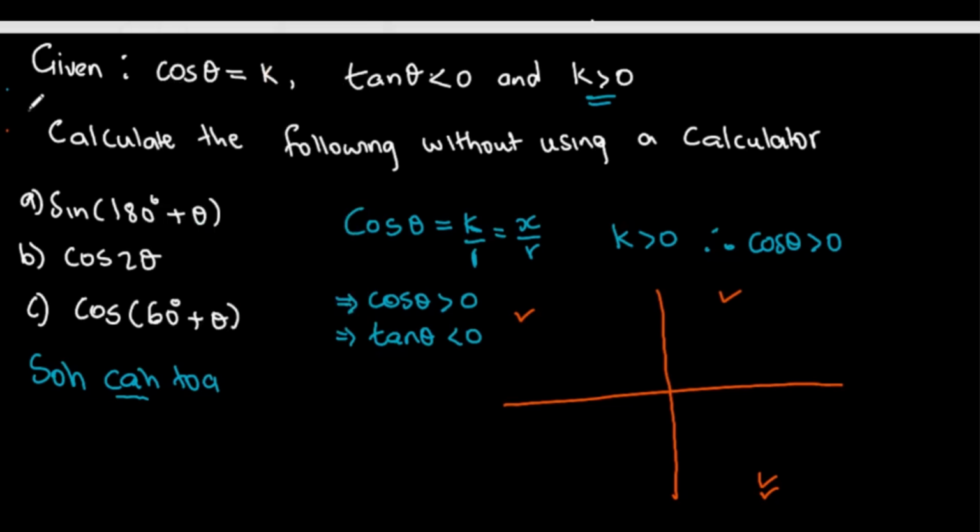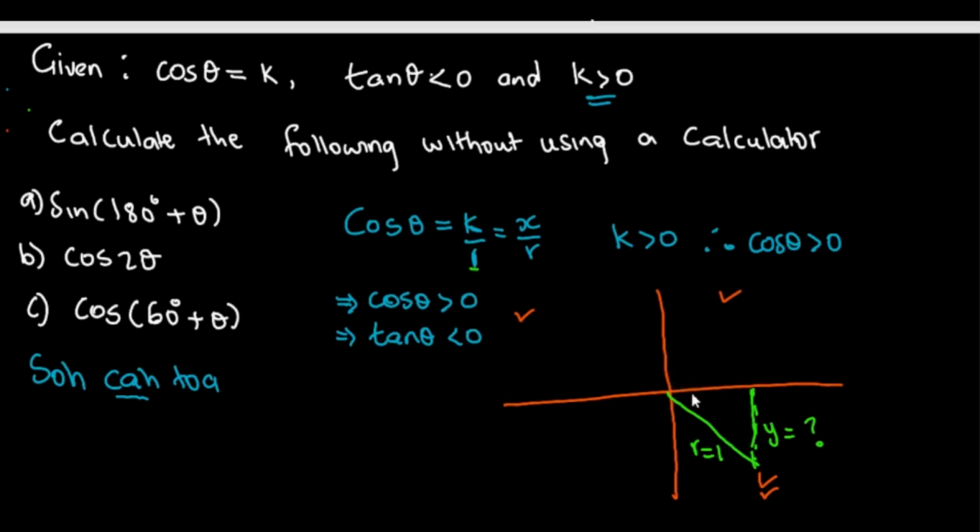So let us quickly go and draw our triangle in that quadrant. So our triangle will look like this. Then that's the 90 degrees. So remember, we are given r as 1. So this is my r, which is 1, and this is my y. What is y? We don't know the value of y. We have to use the Theorem of Pythagoras to find that y.